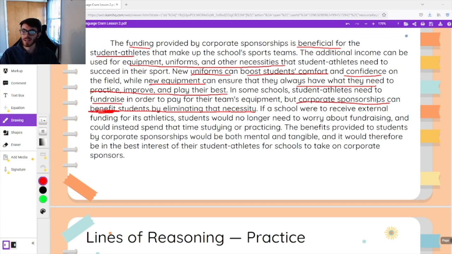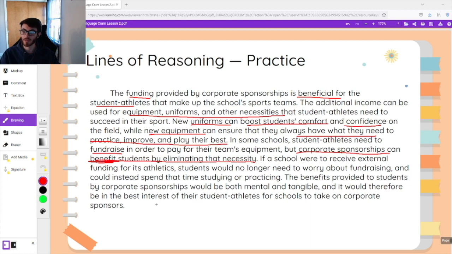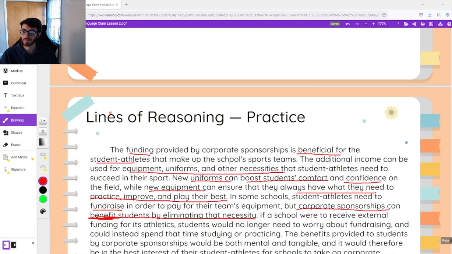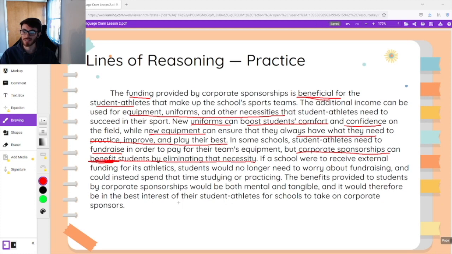The benefits provided to students by corporate sponsorships would be both mental and tangible, and it would therefore be in the best interest of the student athletes for schools to take on corporate sponsors. So it goes back and talks about how corporate sponsors are in the best interest of the student athletes. I'm connecting my claim about it being beneficial back to my thesis.